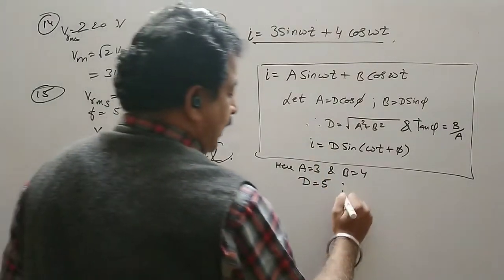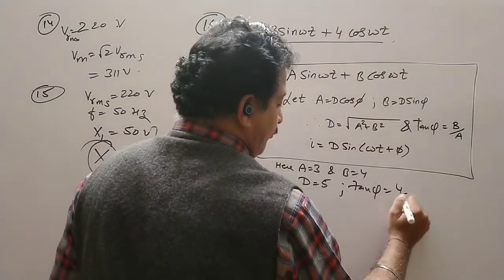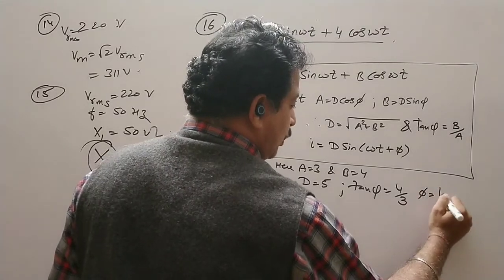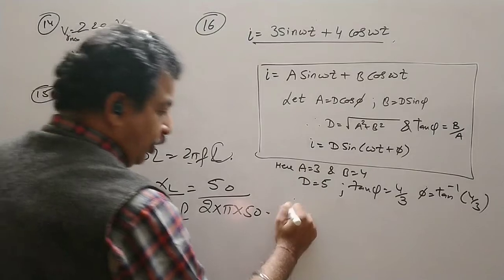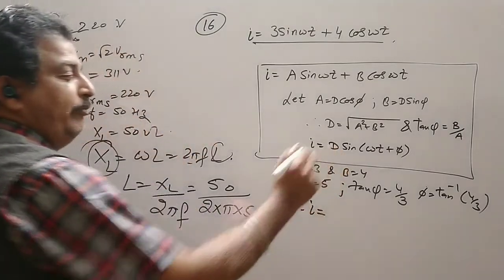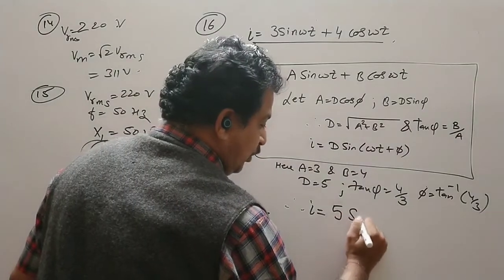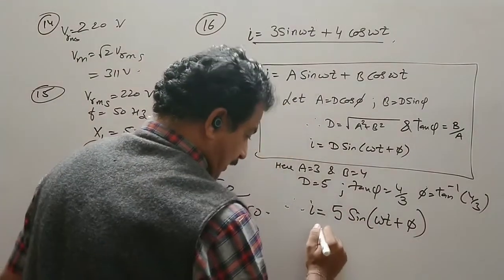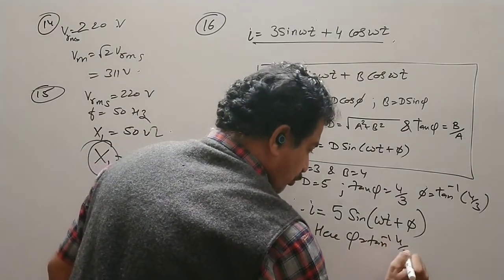And tan phi is equal to B by A, that is 4 by 3, so you can easily find phi also. Phi comes out to be tan inverse 4 by 3. Therefore, the single sinusoidal function can be written as D sine of omega t plus phi, where phi is equal to tan inverse 4 by 3.